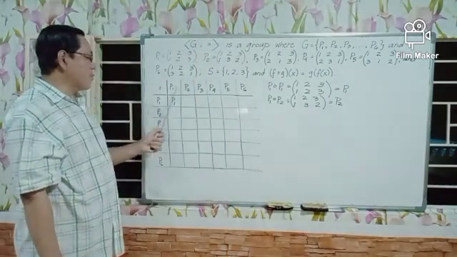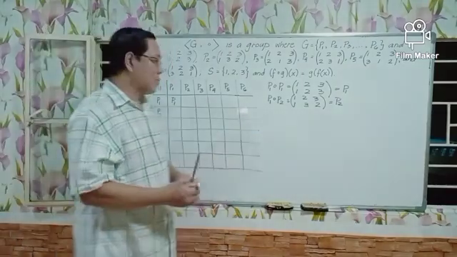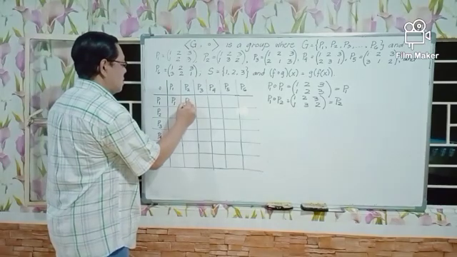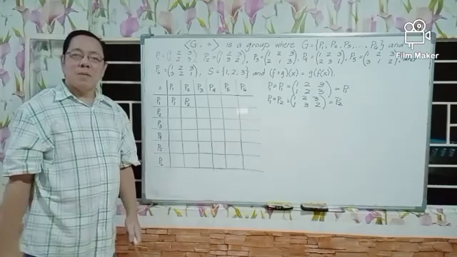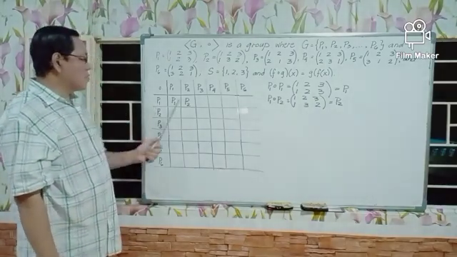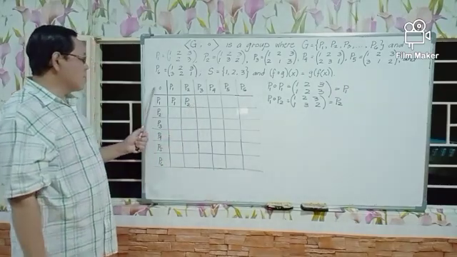P1 circle P2 is P2. We now find the composition of the functions P1 and P3. That is, we find P1 circle P3.